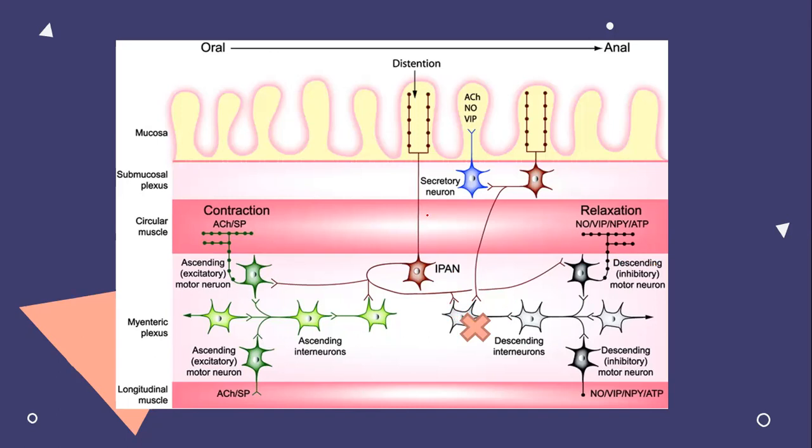So the bolus, the food, can go from the esophagus down to the stomach. Okay, so when there is a stimulation of these interneurons, the normal and physiological response is to relax the lower esophageal sphincter, so the food can pass through this sphincter.